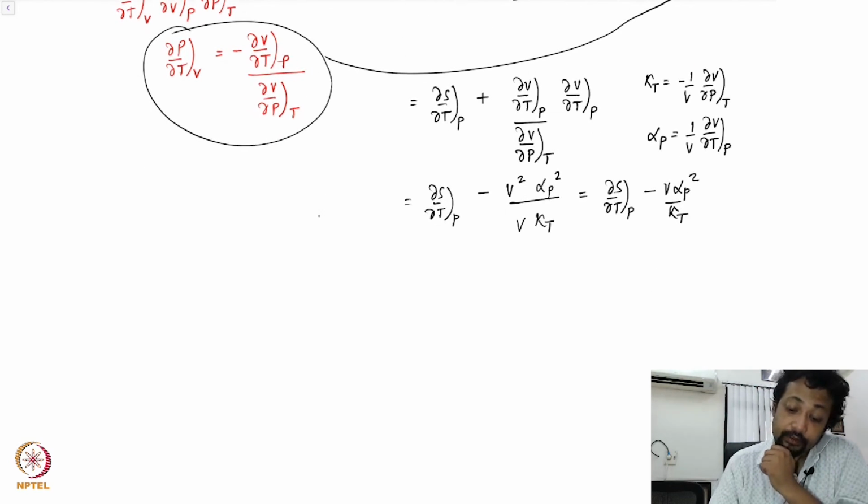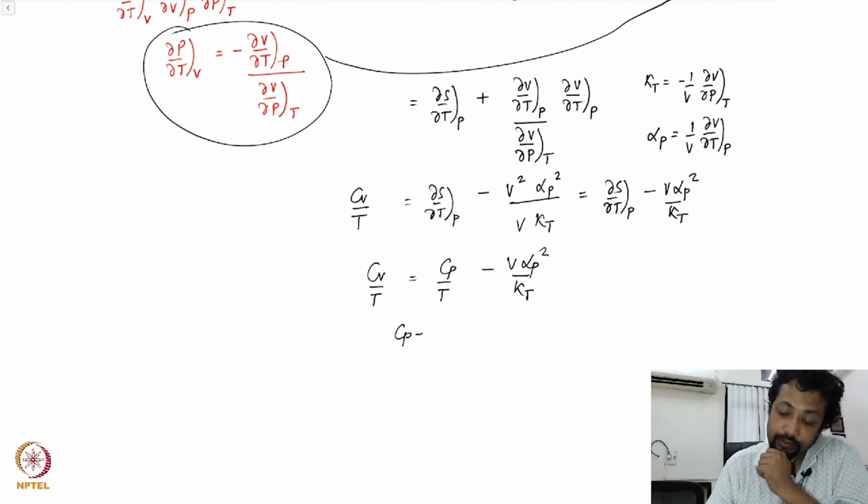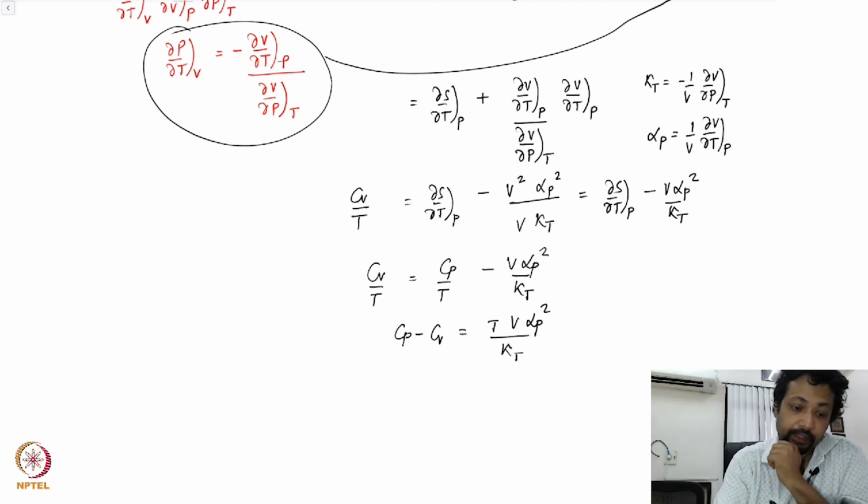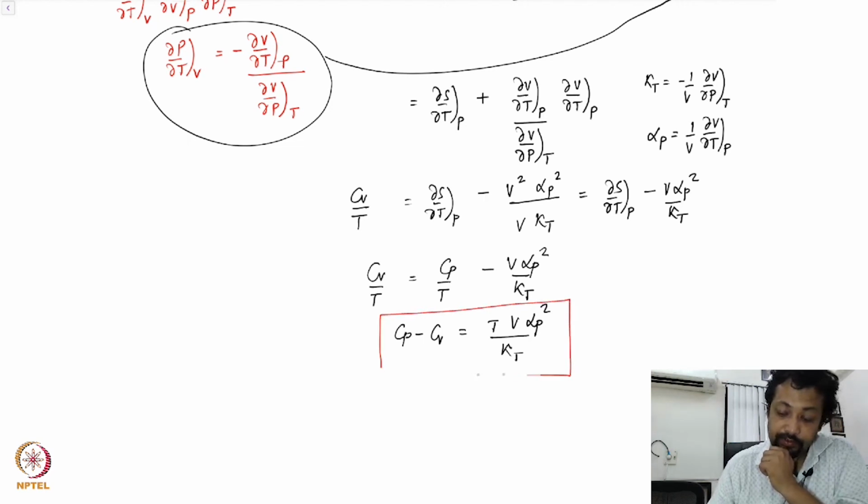The left-hand side was Cv by T. If you look at the structure of this, the first term is actually Cp by T. So Cv by T is del S del T at constant pressure minus V alpha P squared over kappa T. It follows therefore that Cp minus Cv is T V alpha P squared over kappa T. This is the general relation for any hydrostatic system.